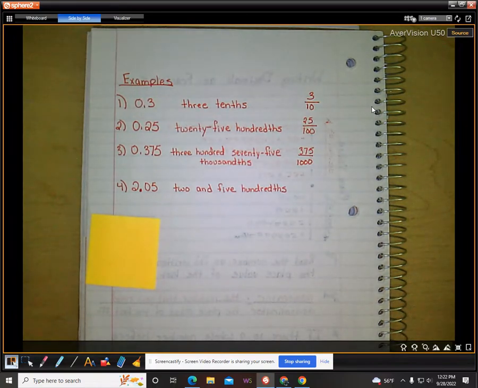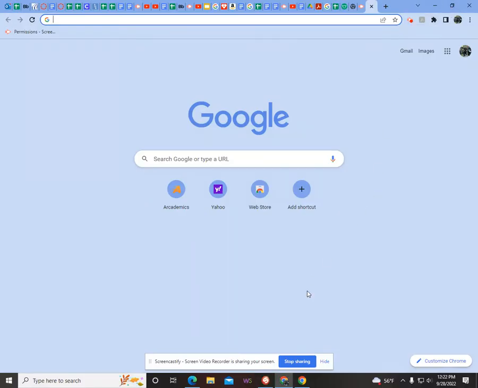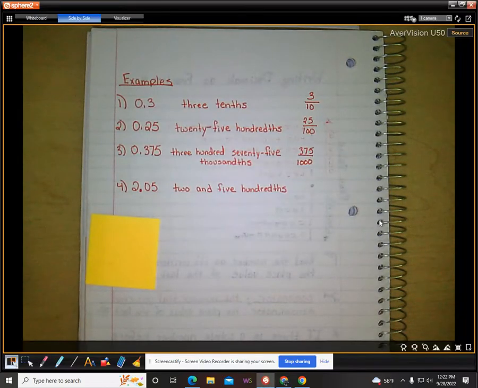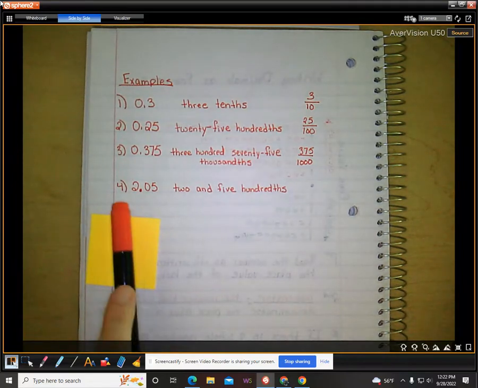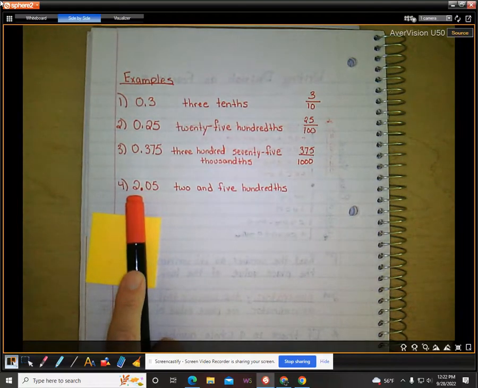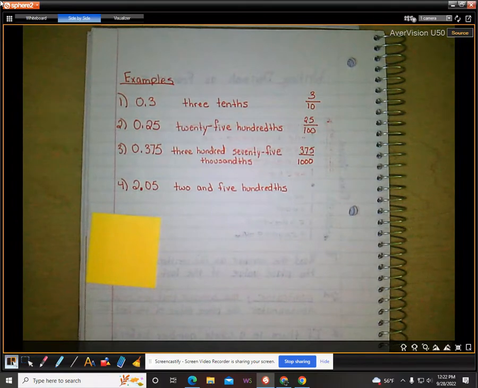Then, when you go to write this as a fraction, this is that little specialty thing that I talked about. When you have a number in front of the decimal point, you now have a mixed number, okay?